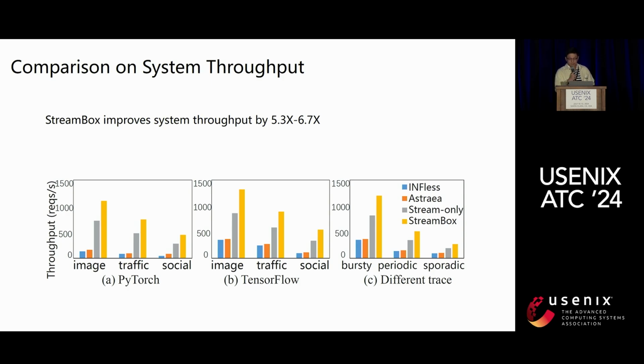We also observed that StreamBox achieves the highest system throughput, as the warm-up method is ineffective on the GPU. Existing serverless inference systems are still affected by cold starts, which cause a lot of request timeouts. But StreamBox outperformed stream-only due to more efficient memory management, so the allocation overhead of the memory is lower and the communication is more efficient.